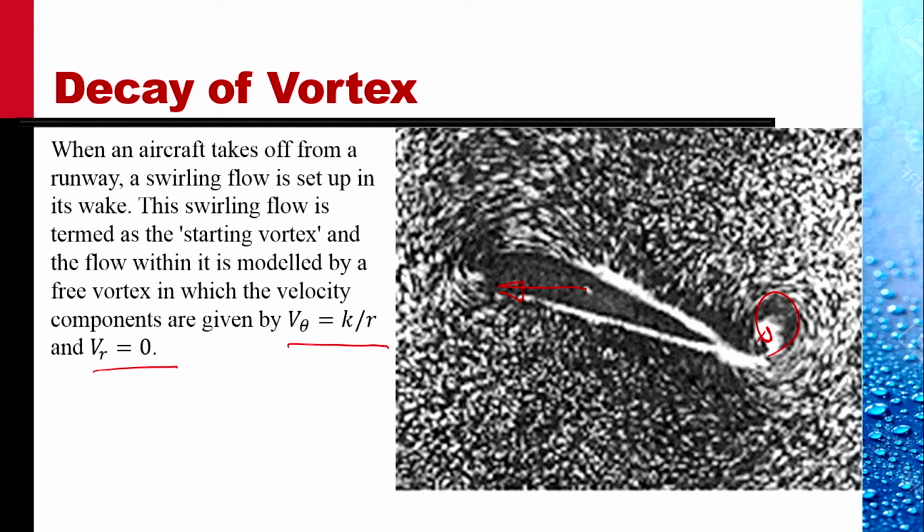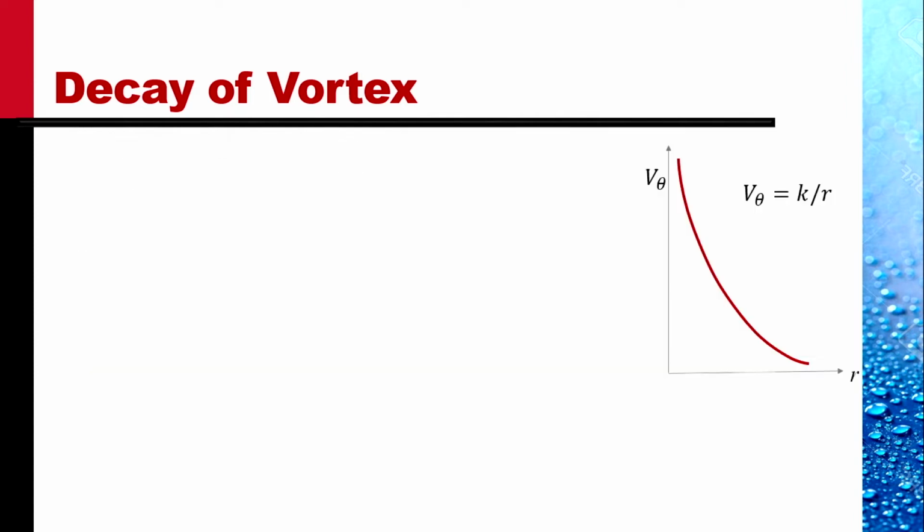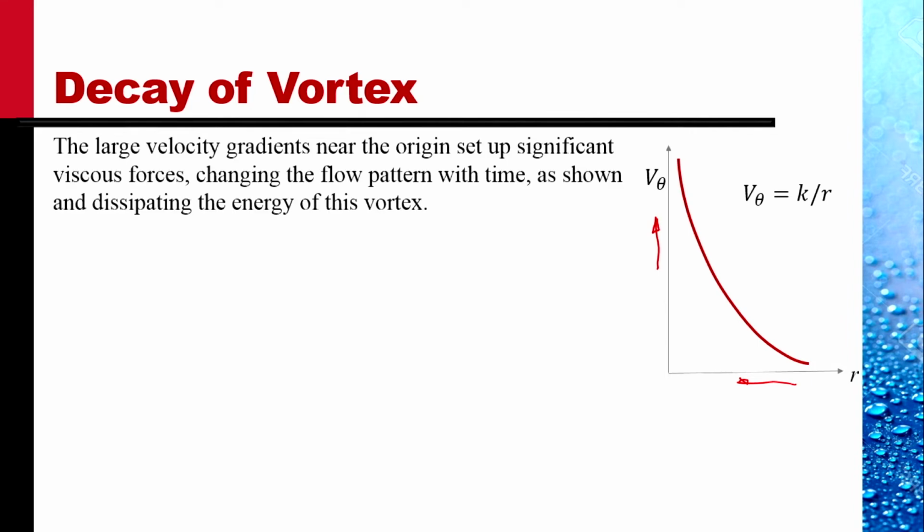Small far away, and increasing as you move towards the center of the vortex. This is the kind of tangential velocity profile that we get. As R decreases, the velocity increases. The large velocity gradients near the origin set up significant viscous forces, changing the flow pattern with time.